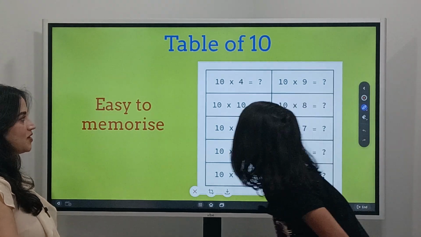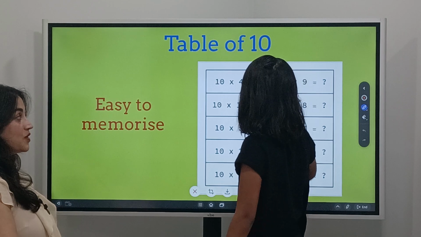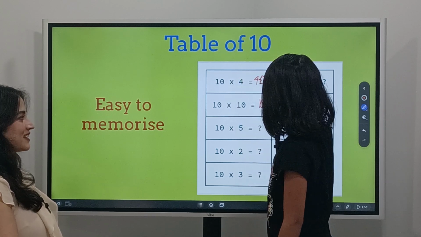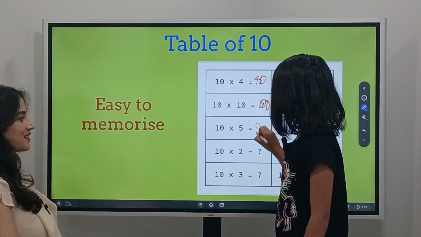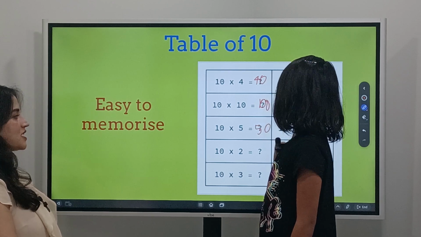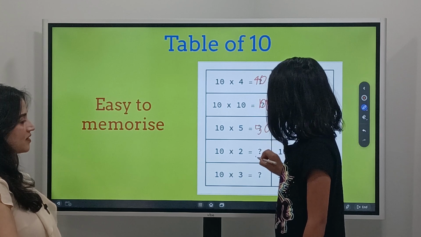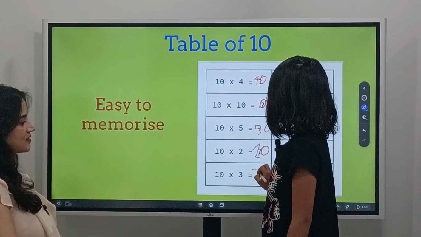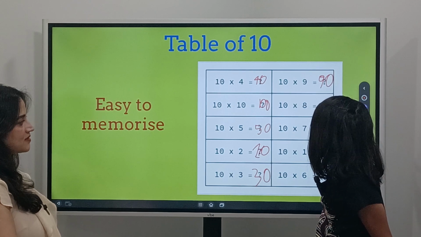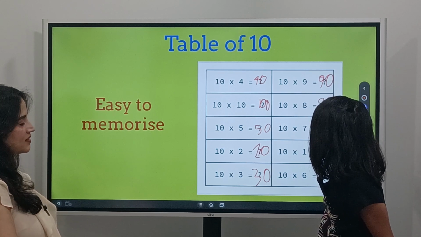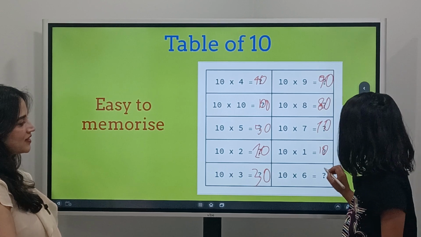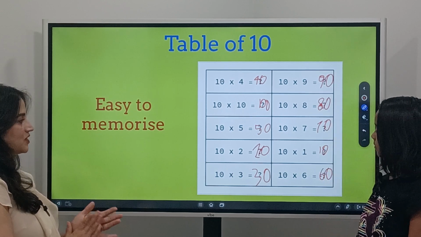Now let's see if you can write it down and memorize it. 10 times 4? 10 fours are 40. 10 tens are 100. 10 fives are 50. 10 twos are 20. 10 threes are 30. 10 nines are 90. 10 eights are 80. 10 sevens are 70. 10 ones are 10, easy peasy. 10 sixes are 60. Good job, Lina.